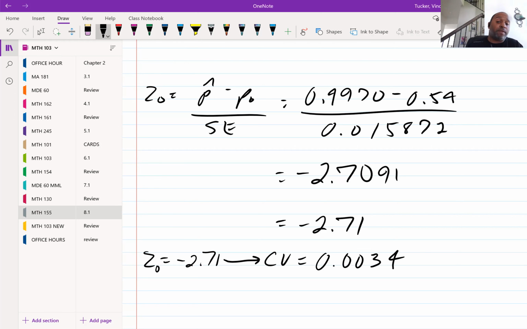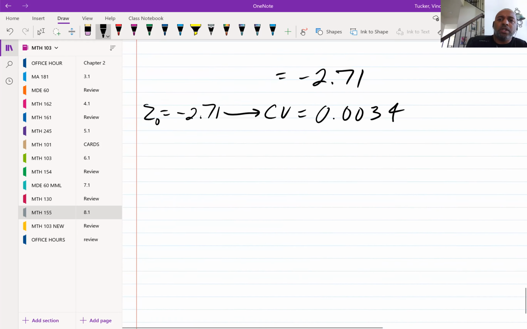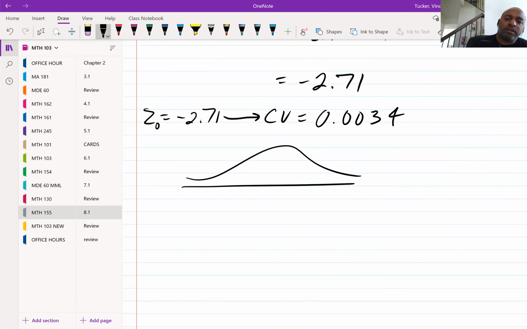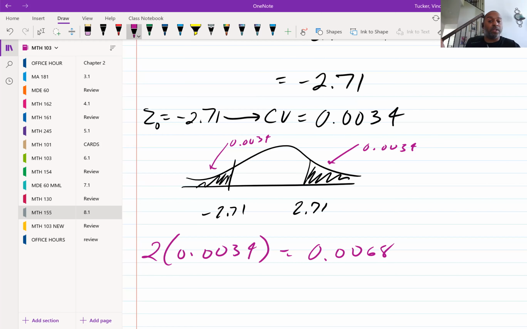Now the chart value is not necessarily going to be your p-value. Remember, going back to our steps, this is not equal to, so remember that means it's two-tailed. We got negative 2.71 over here, but then we have positive 2.71 over here. So right here is 0.0034, but that means also over here is 0.0034. So we're going to multiply that by 2. Remember, we only do this when we have two-tailed. Multiply by 2.